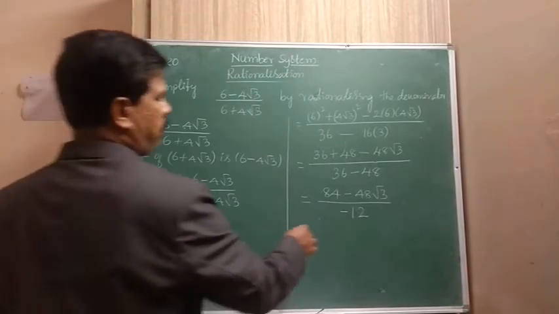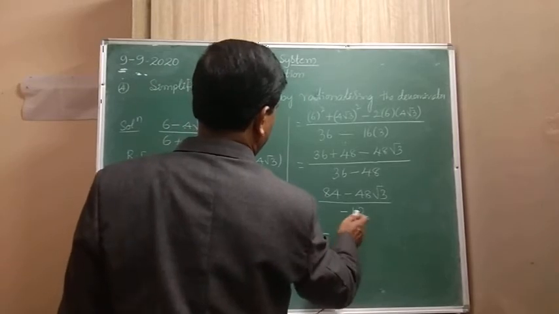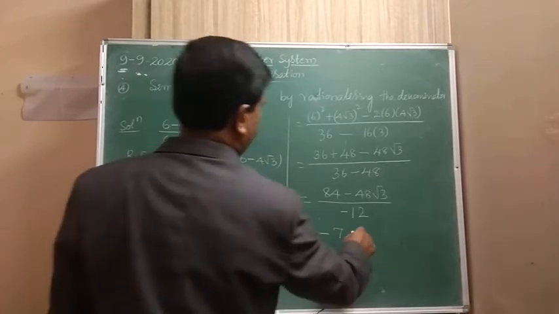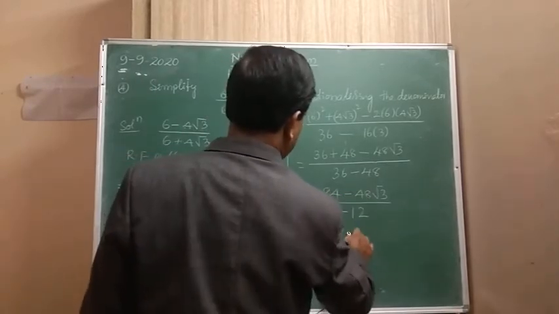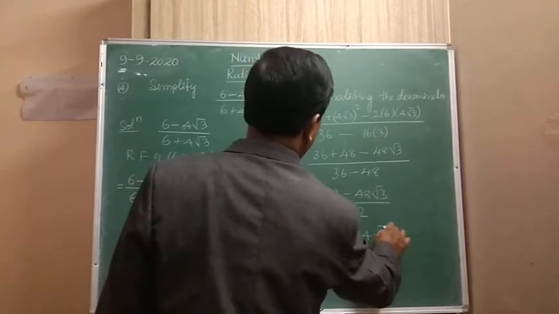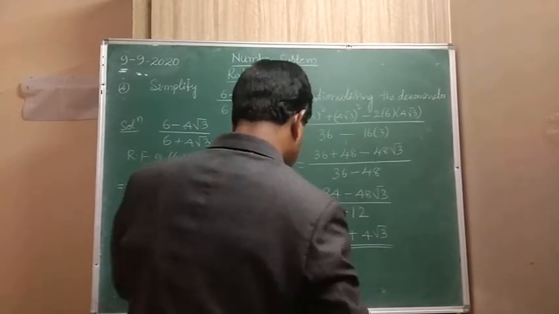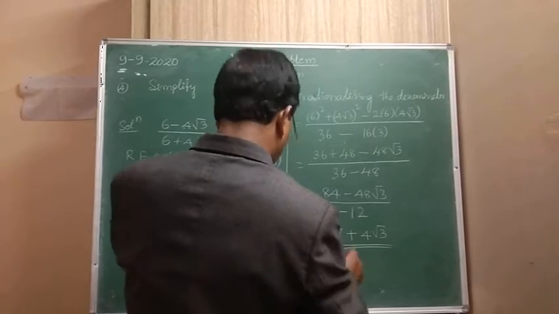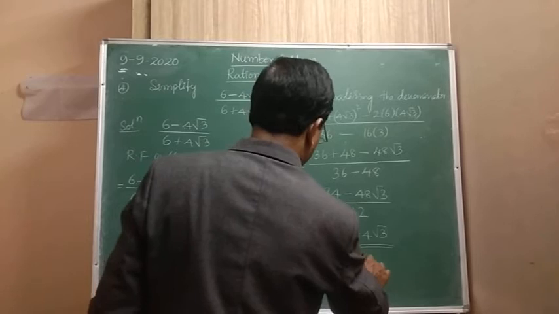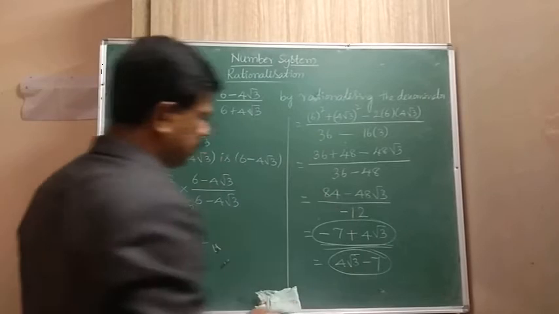So dividing by minus 12: 12 sevens are 84, minus on dividing, minus becomes plus, and 12 fours are 48, root 3. So this is the simplest form, or you can write this as 4 root 3 minus 7. If you write it like this also, nothing wrong. You can write it like this.